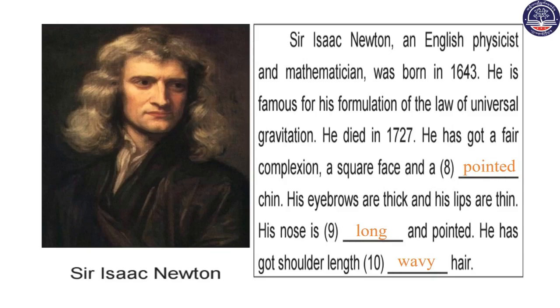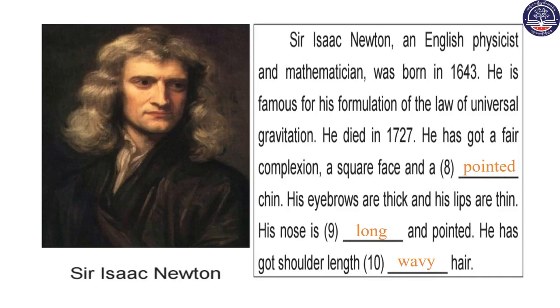He has got a fair complexion, a square face, and a pointed chin. His eyebrows are thick and his lips are thin. His nose is long and pointed. He has got shoulder-length wavy hair.